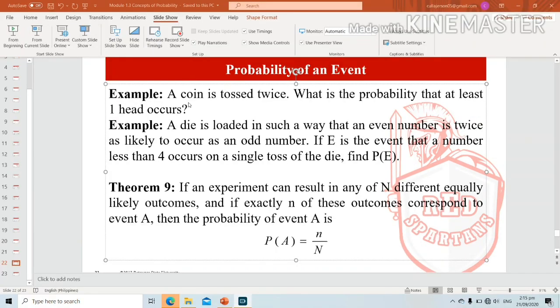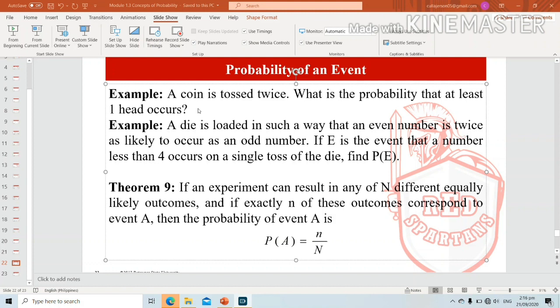So for example, a coin is tossed twice. What is the probability that at least one head occurs? So sa ganitong mga example, bago natin makuha yung probability, kailangan muna natin kunin yung kanyang sample space at saka yung kanyang sample point. So kaya nga nung sa mga previous nating discussion, diniscuss natin para mas madali nating makuha yung probability niya.